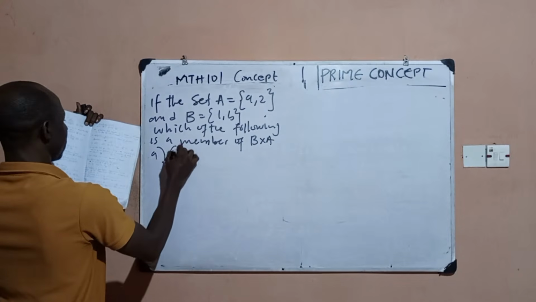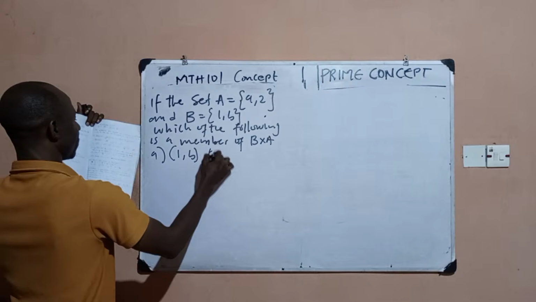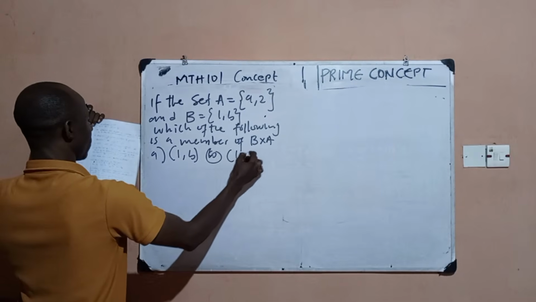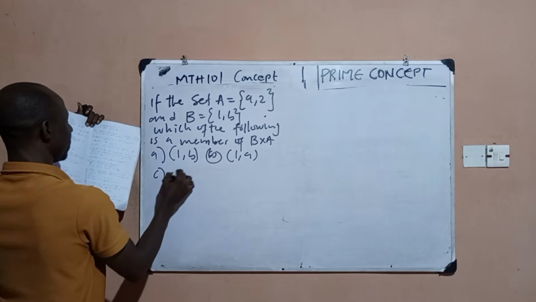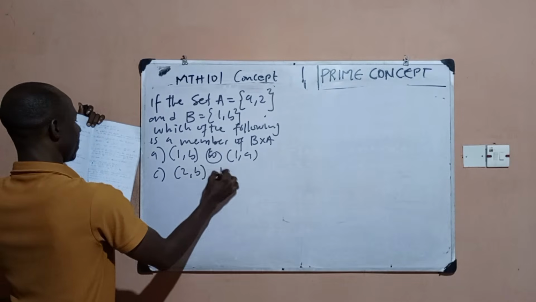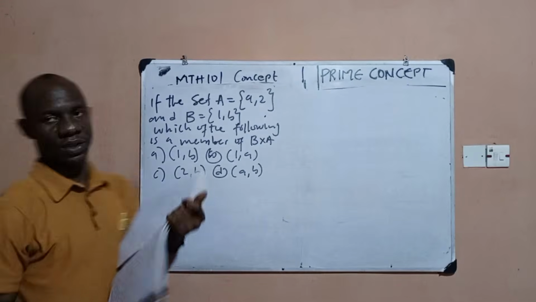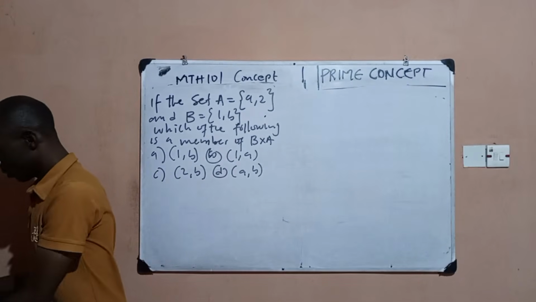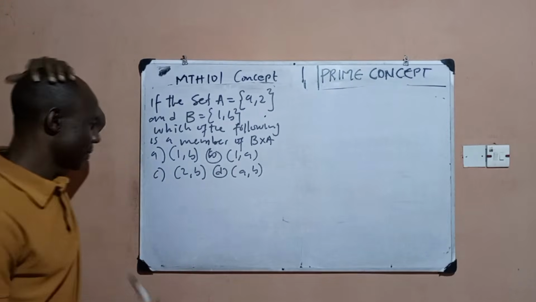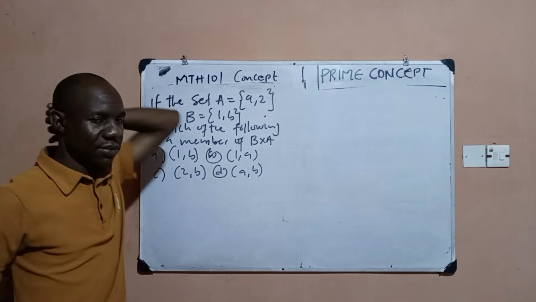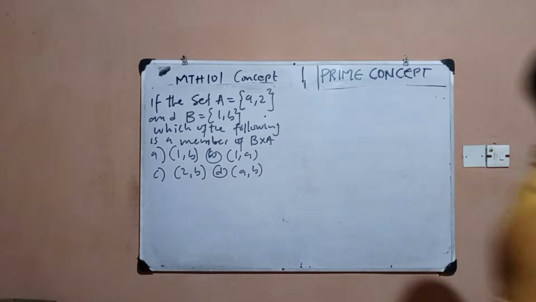Option A, 1, B. Option B, 1, A. Option C, 2, B. Option D, A, B. So this is the question. So can you attempt this? Attempt it quickly. 30 seconds.